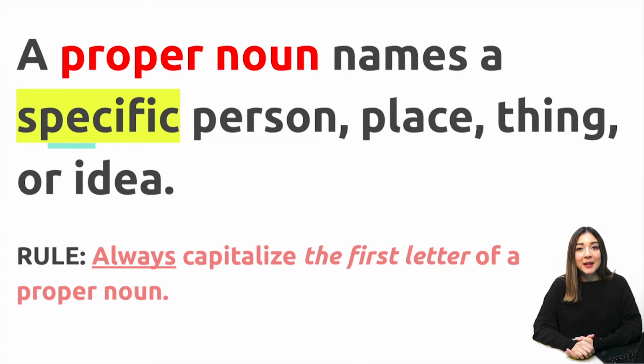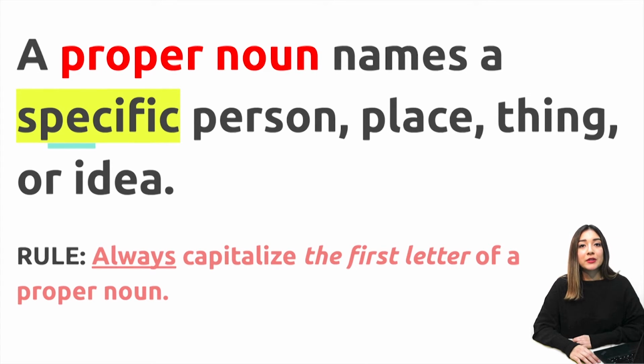A proper noun names a specific person, place, thing, or idea. For example, if I were to say I live in a big city, would you be able to name the city I live in? No. That is because city is a general term. It is a common noun.